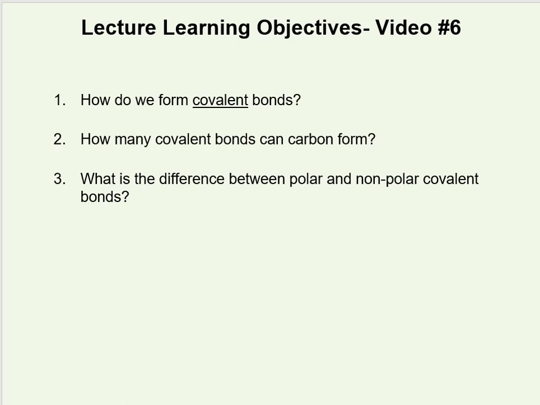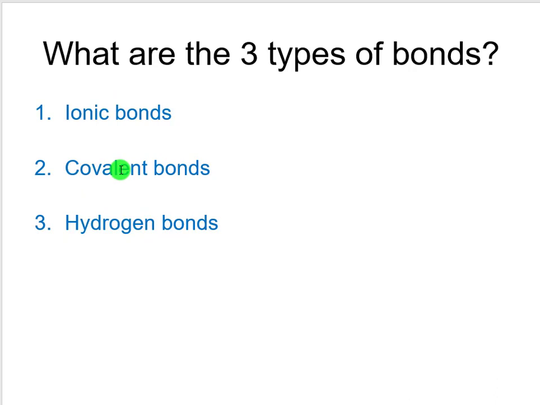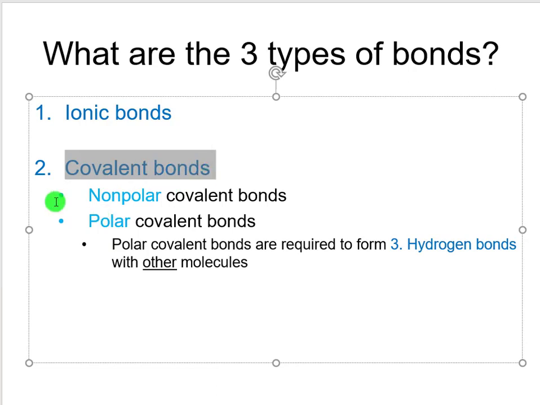I'm going to talk about that separately, but what I want you to see here is that even though, yes, ionic bonds, covalent bonds, and hydrogen bonds are the 3 types of bonds, the reality is when we have covalent bonds where you share electrons, there are 2 flavors of covalent bonds. There are non-polar covalent bonds, and then there are polar covalent bonds. And only by understanding polar covalent bonds can we then get into talking about this last category of bonds, which is hydrogen bonds.